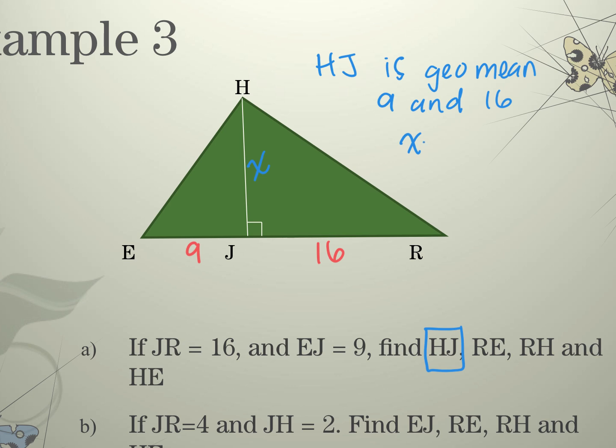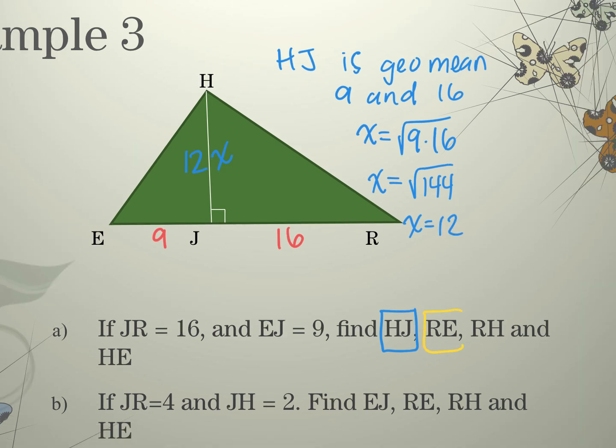So x is going to be the square root of 9 times 16. Now, we have calculators for a reason. Go ahead and plug into your calculator 9 times 16. What do you get? It's the square root of 144. The square root of 144 is 12.